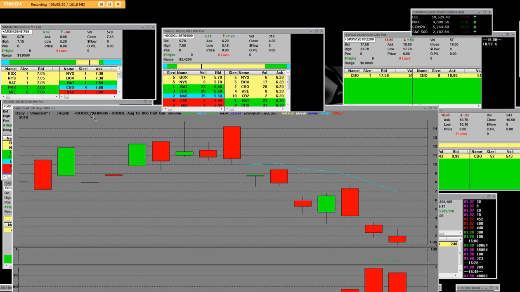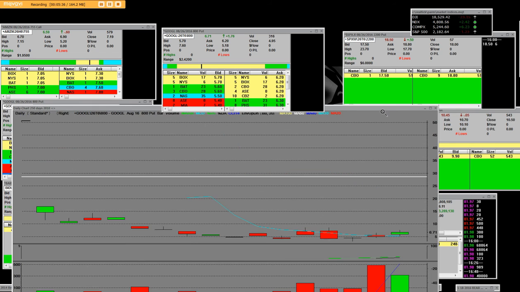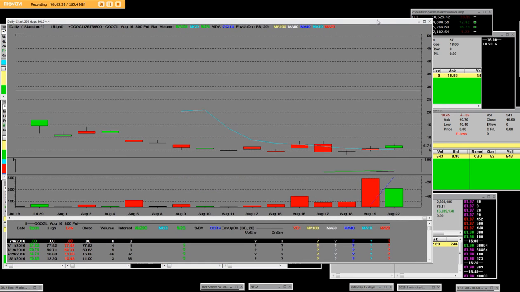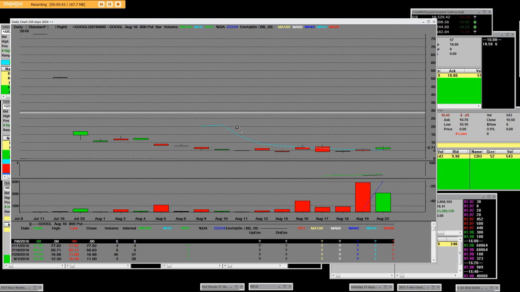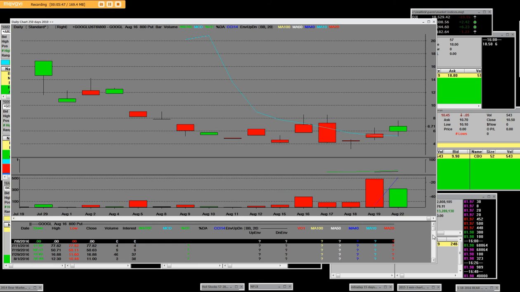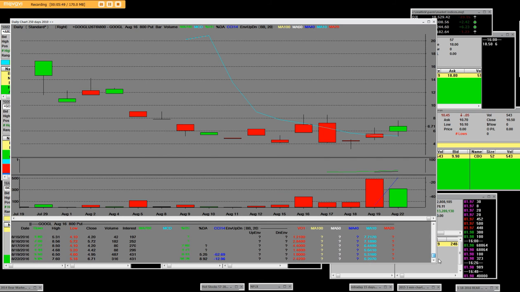One of the things that we have noticed is the $800 put needs to be addressed here on a put chart. Now, we can see that this is the $805 put chart. It's a real chart with real data, but you don't trade options. When you do trade options, what are you using, or what are you reading?